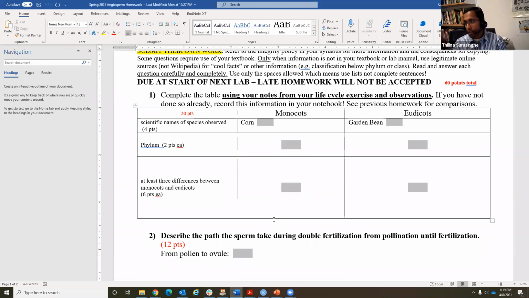Monocot versus dicot. Emily, this is your question at the very beginning. For example, corn is a monocot, bean is a dicot. What you're going to do is provide the scientific name, look them up, and then the phylum, look up the phylum.